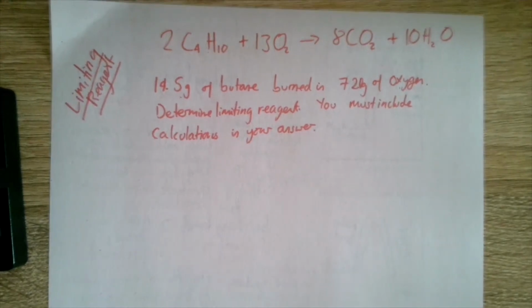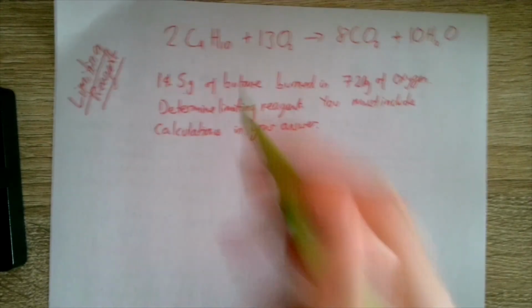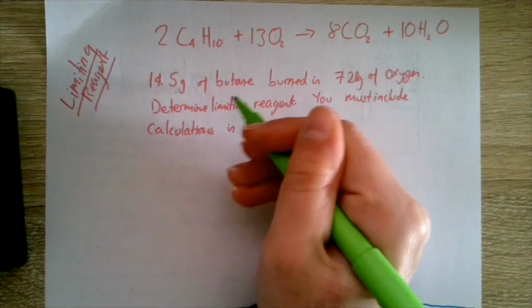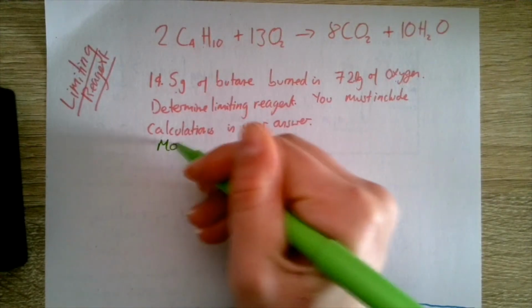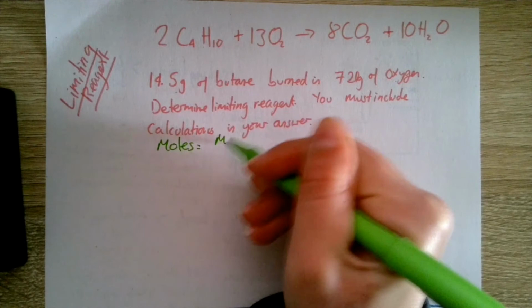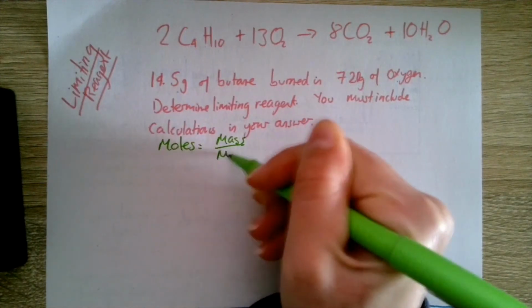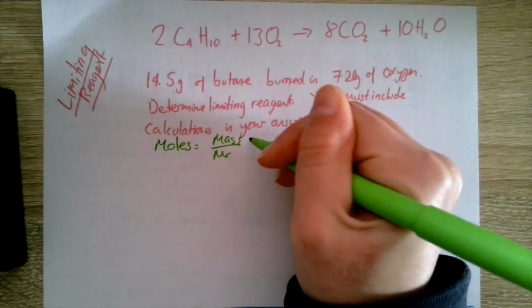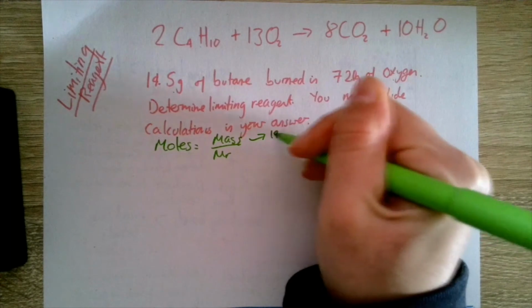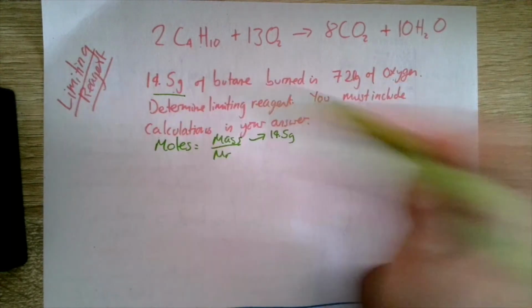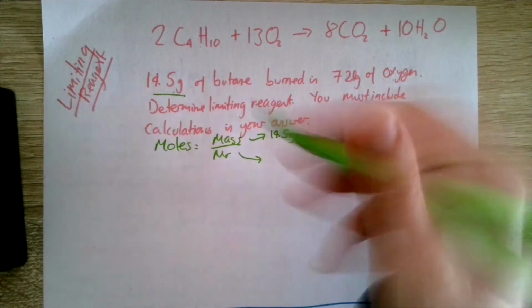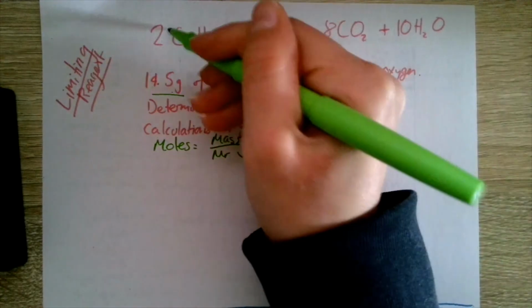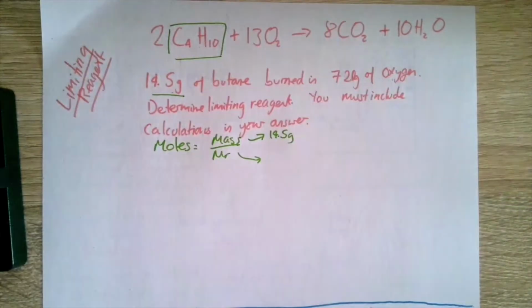So first things first is working out our moles of butane. So remember, moles equals mass divided by Mr. We've got our mass of 14.5 grams from our question, and we can work out our Mr of butane, which is C4H10.